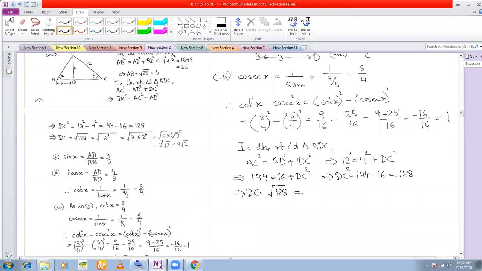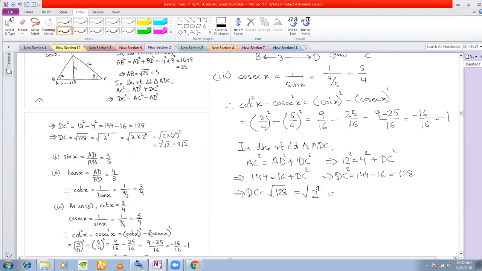If you prime factorize square root of 128, you will get this as 2 to the power of 7. This is a pure surd, square root of 128.